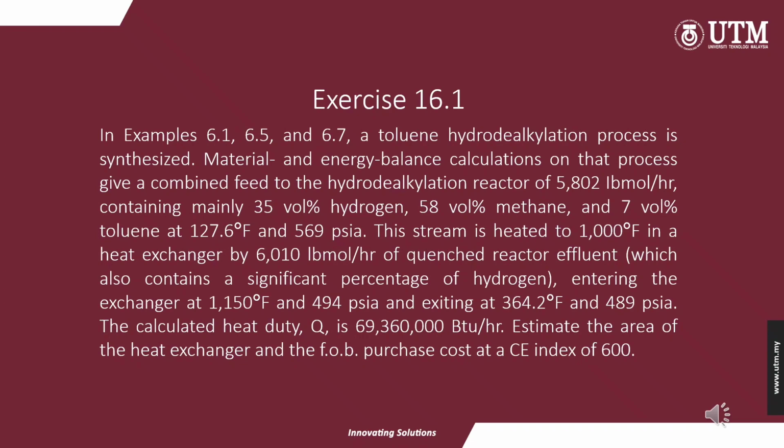The stream is heated to 1000 degrees Fahrenheit in a heat exchanger by 6010 lbmol per hour of quenched reactor effluent, which also contains a significant percentage of hydrogen, entering the exchanger at 1150 degrees Fahrenheit and 494 psig, and exiting at 364.2 degrees Fahrenheit and 489 psig.